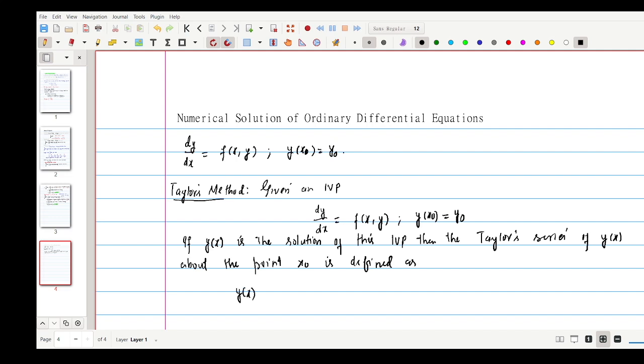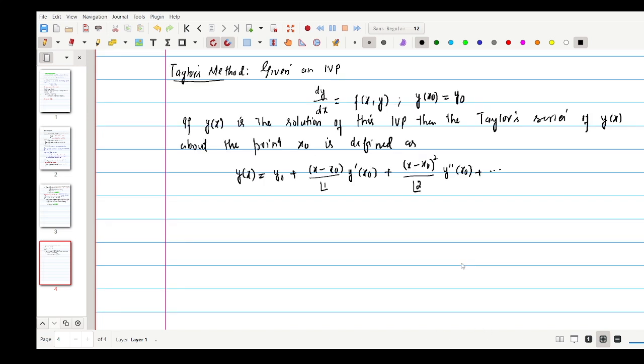We take the Taylor series like this: y of x is equal to y naught plus x minus x naught divided by 1 factorial into y dash of x naught, then plus x minus x naught whole square divided by 2 factorial into y double dash of x naught, then plus so on. Similarly, the third term will be x minus x naught whole cube divided by 3 factorial y triple dash of x naught. Now here in this Taylor series for y of x, we use y of x naught equal to y naught, which is used here.